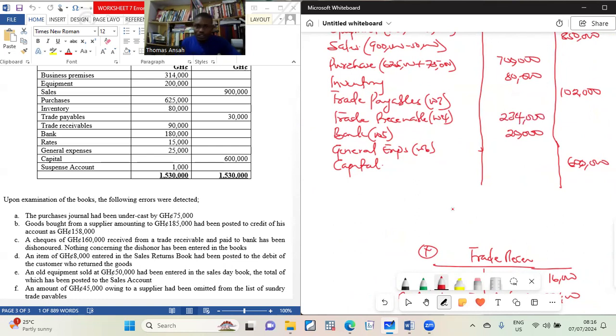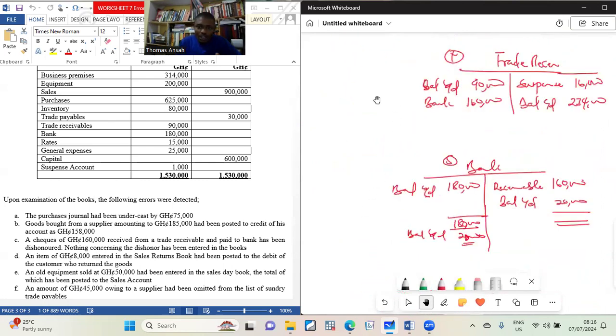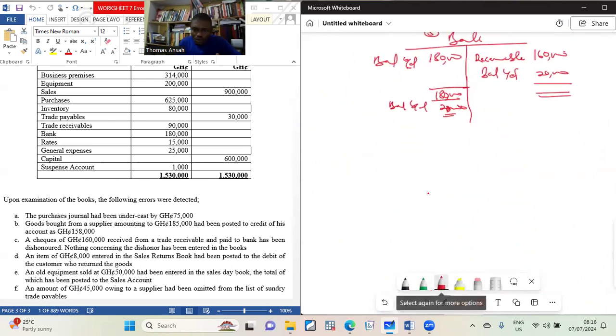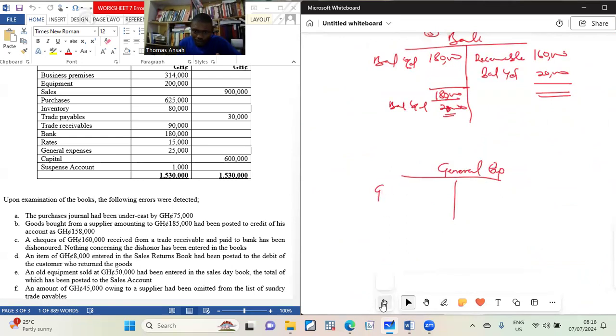All right, the general expenses is where we would do the discount allowed. So general expenses is having a debit balance. General expense, balance brought down of 25,000.